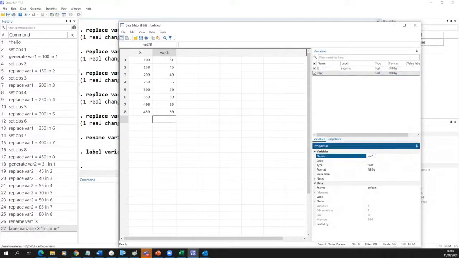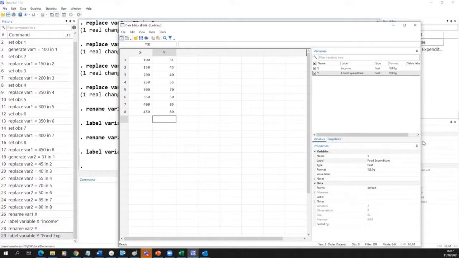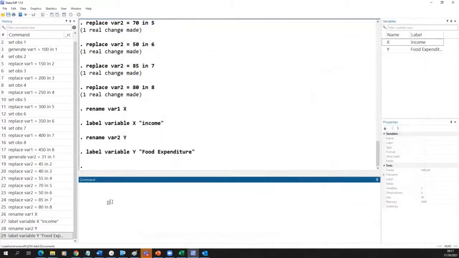Okay, and then I'm going to change the name of var2 to Y, and I'm going to put a label in here, which is food expenditure. Okay, so we've got the data, and we've got the variable names, and we've got the labels, so we can leave the data editor.